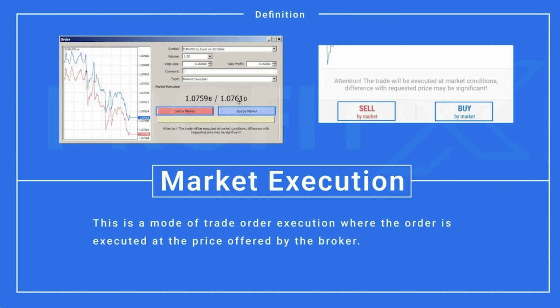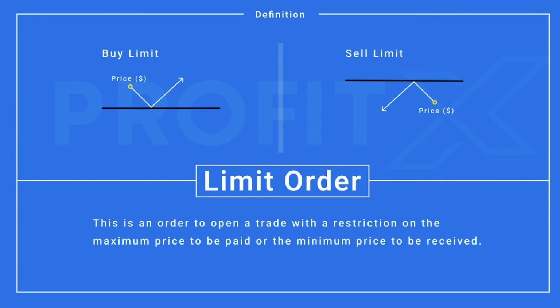Okay. Now sometimes these prices may be higher or lower than you anticipate, or than you want to buy or sell from. So we have what are called limit orders, right? This is an order to open a trade with a maximum or minimum price, right? So a maximum that you want to pay or a minimum that you want to receive, right?